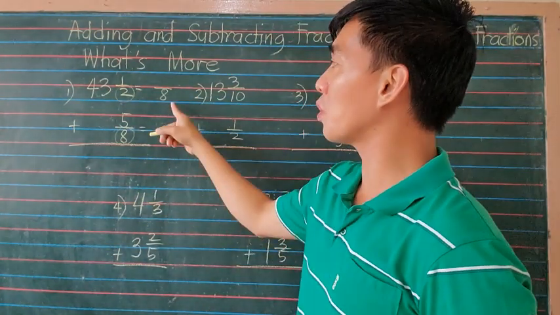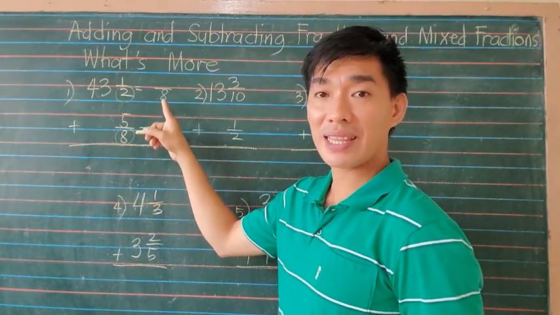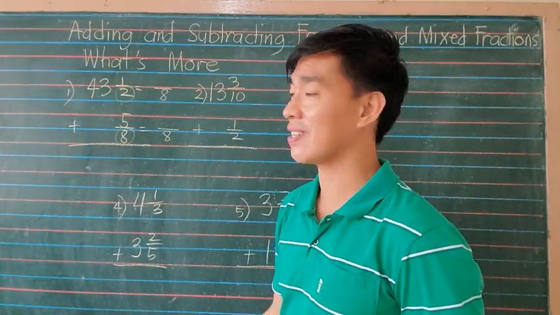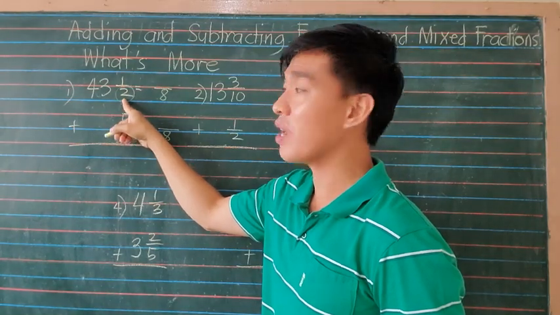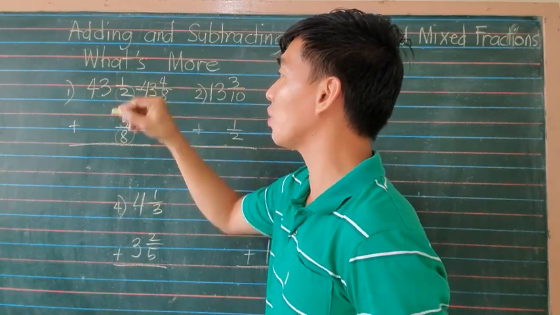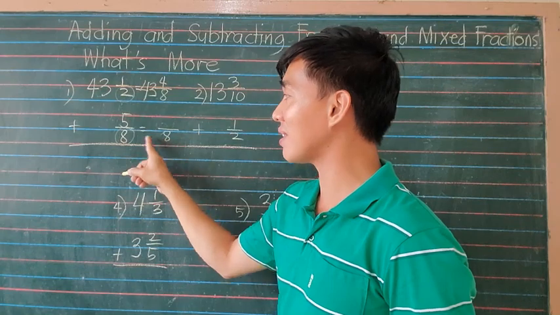So, we have to look for their new numerator now. Sapagkat binago po natin yung denominator, so expect that the numerator will also change. So, 8 divided by 2, that is equal to 4, times 1, that is equal to 4. Then, copy 43 as whole number. In this case, hindi naman po natin binago yung 8. 8 is 8 pa rin.